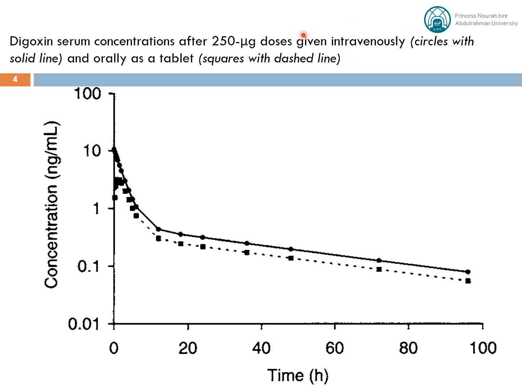It's a single dose administration. The plasma concentrations, as you can see here, after administration as an intravenous dose, are the solid line with the circles. This is the plasma concentration over time, as we have talked about in the previous slide.